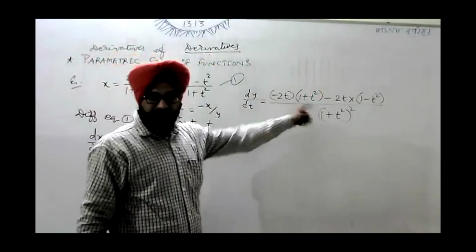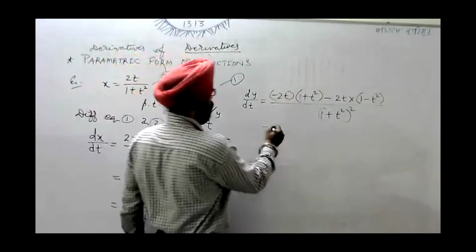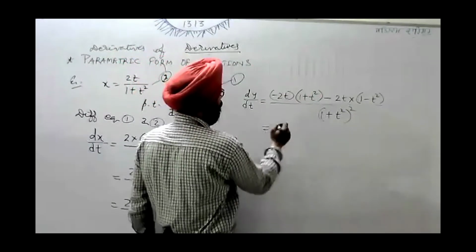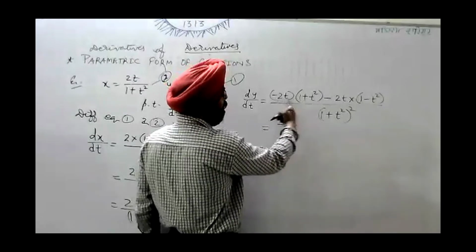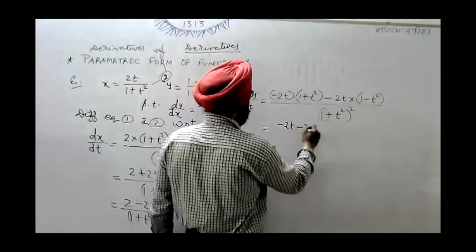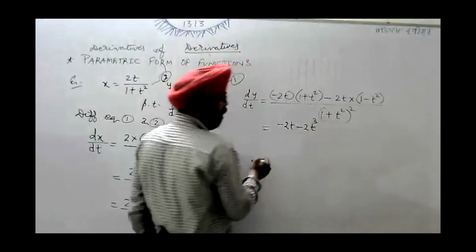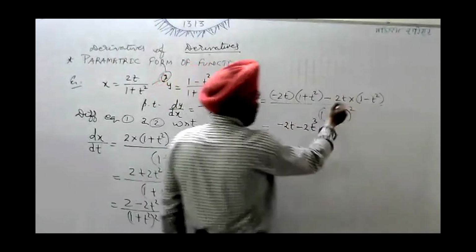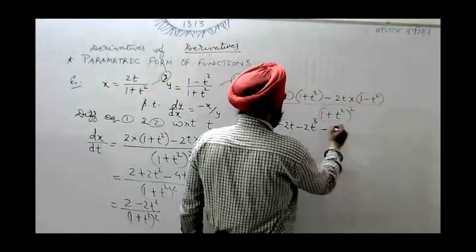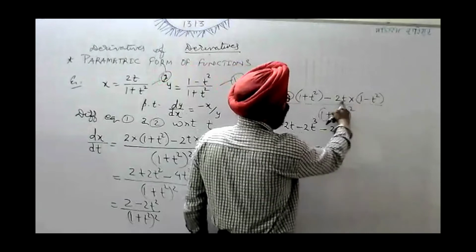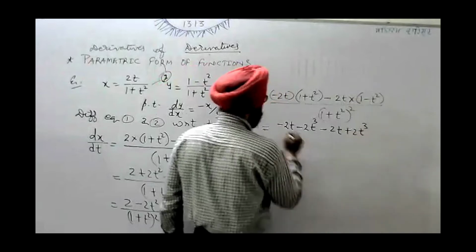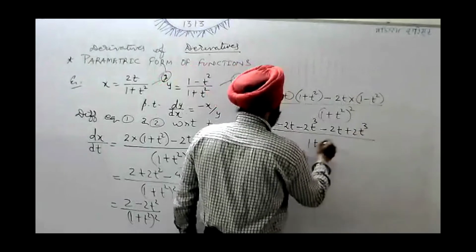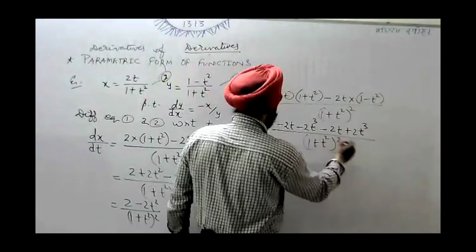Now we will simplify the numerator. How? Multiply minus 2t inside: minus 2t into 1, minus 2t into t square, so minus 2t cube. Keep a check. Here we get minus 2t into 1 minus 2t, minus 2t and minus t square plus 2t cube upon 1 plus t square whole square.